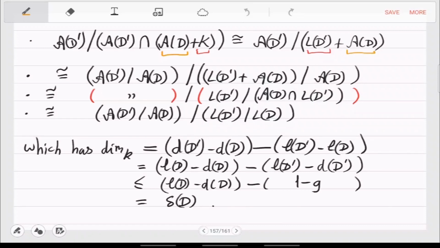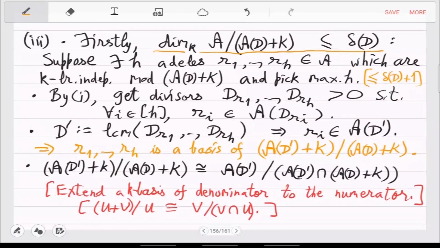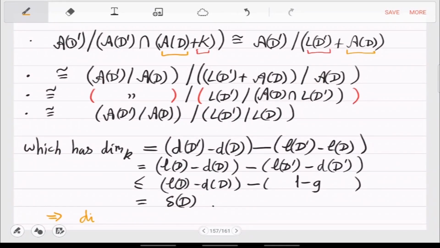So that's the degree of speciality by definition. So you have an upper bound. So you have shown that A mod AD plus K is less than or equal to delta D. I mean, this implies that H is less than or equal to delta D, which implies this, right?